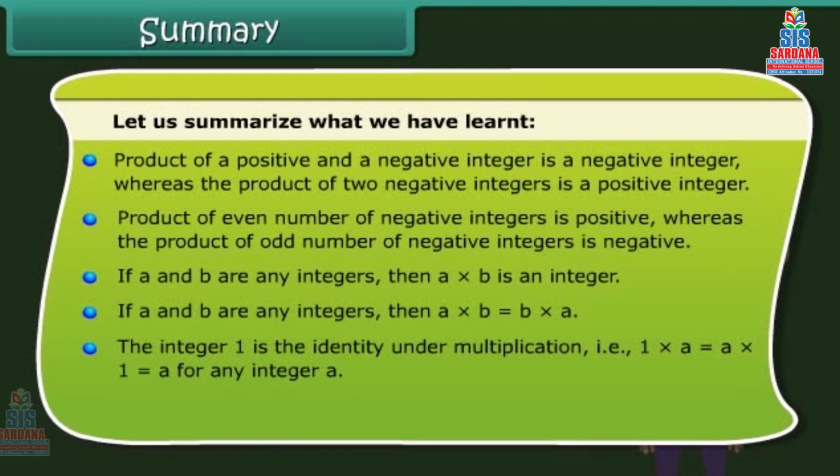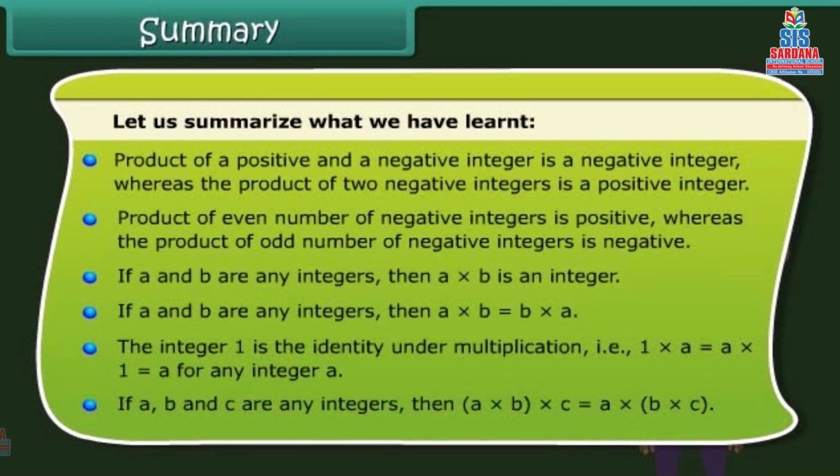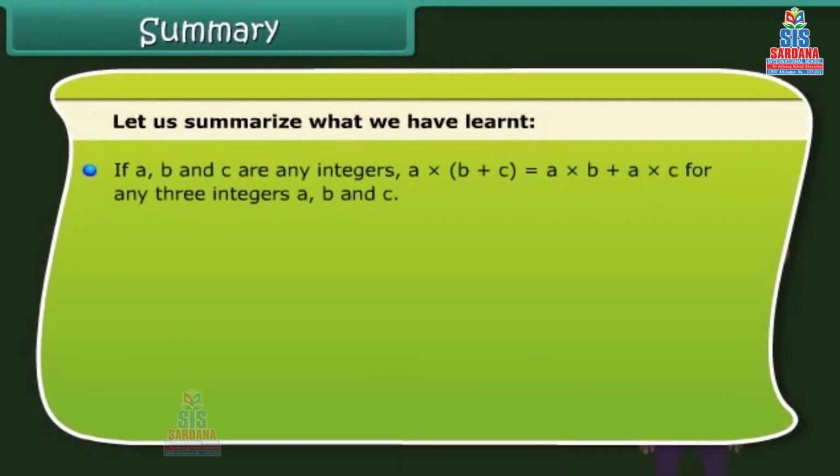If a, b and c are any integers, then a into (b into c) is equal to (a into b) into c. If a, b and c are any integers, a into (b plus c) is equal to a into b plus a into c.